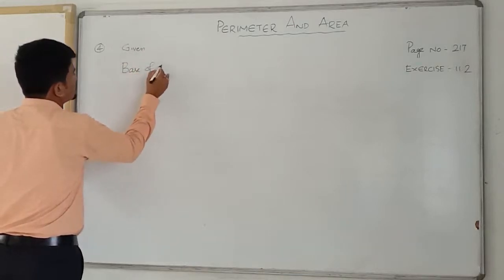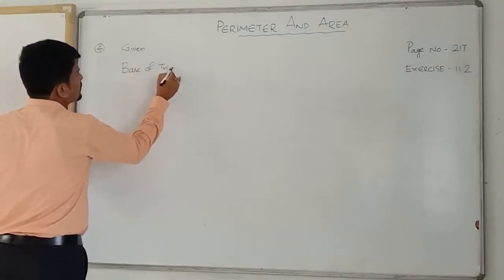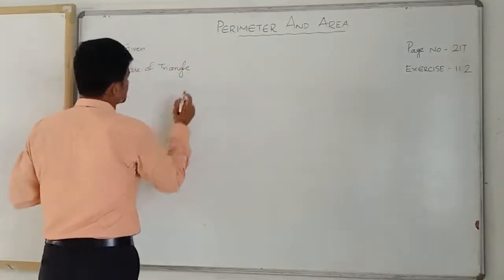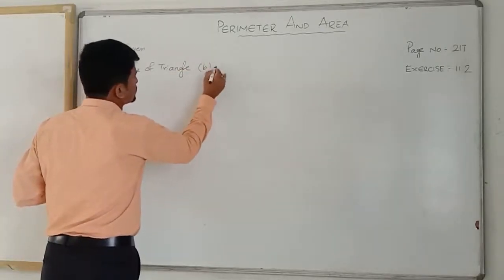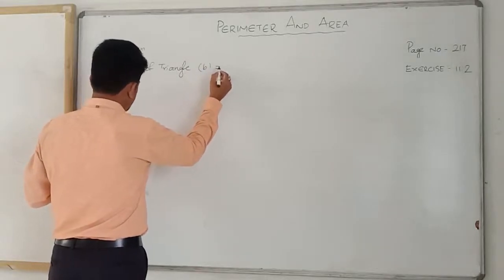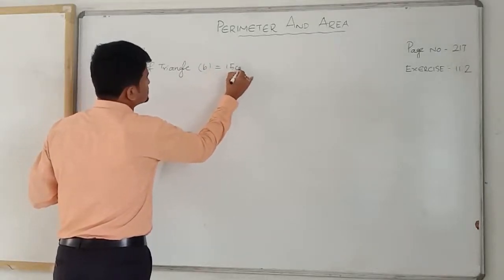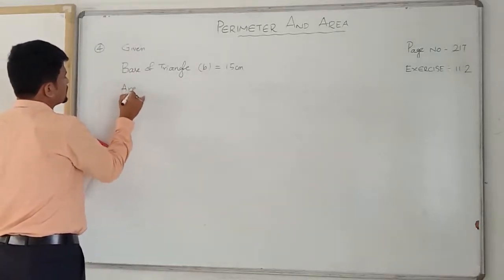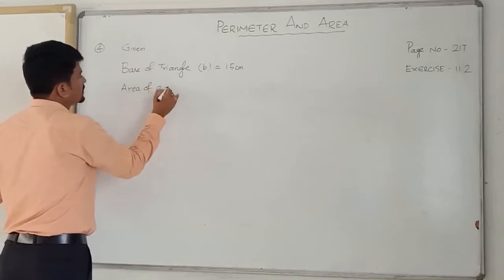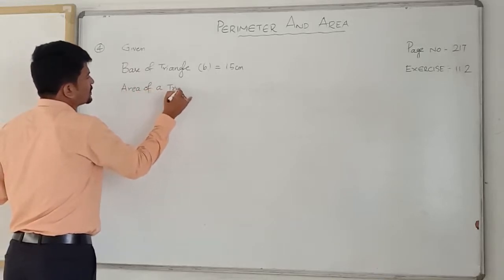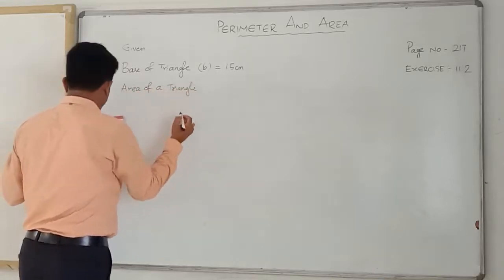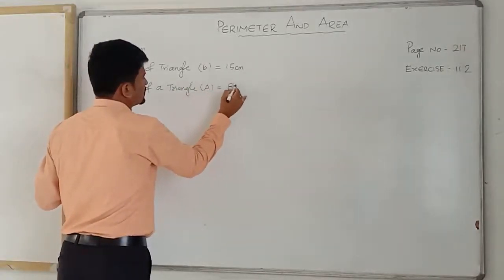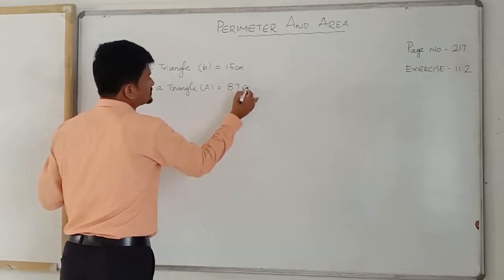Base of a triangle is given. b is equal to 15 centimeters and the area of the triangle is given, 87 centimeters square.